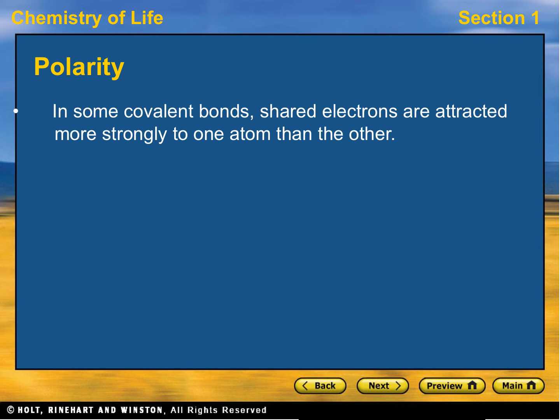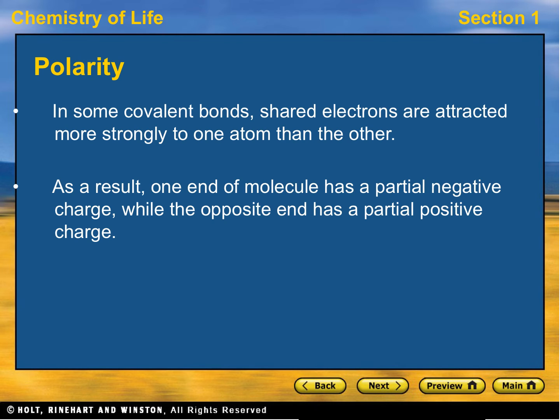Now, when we're talking about covalent bonds, remember covalent bonds are the type of bonds that share those valence electrons. Sometimes we get covalent bonds that have regions that are attracted more strongly to one atom than another. When that occurs, one end of the molecule has what we call a partial negative.